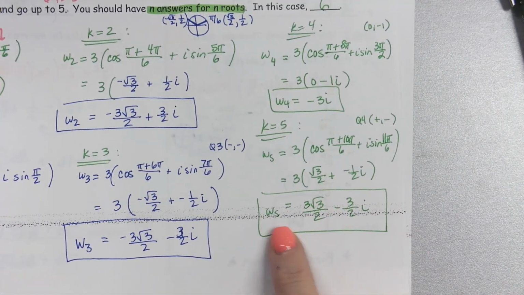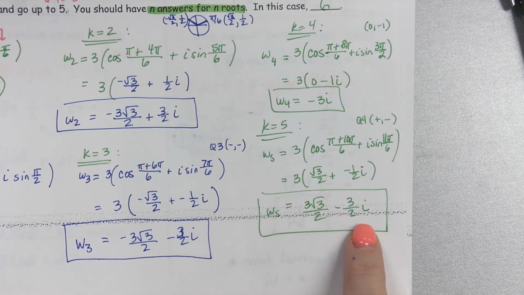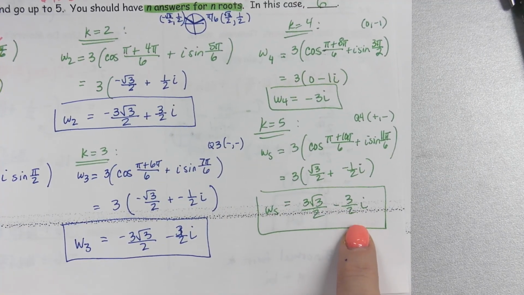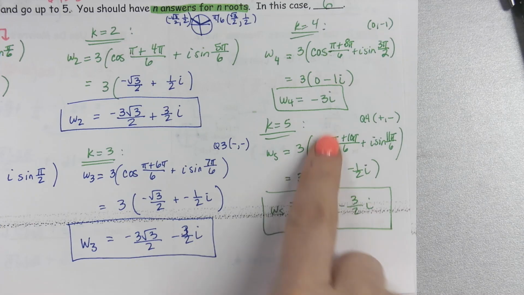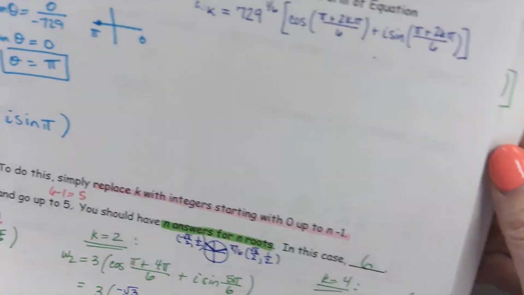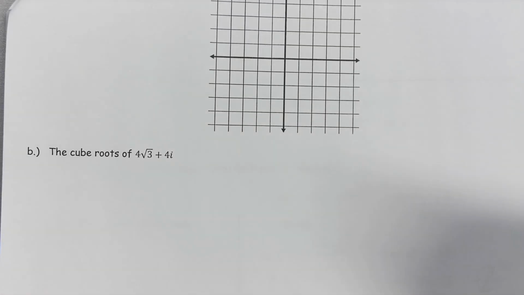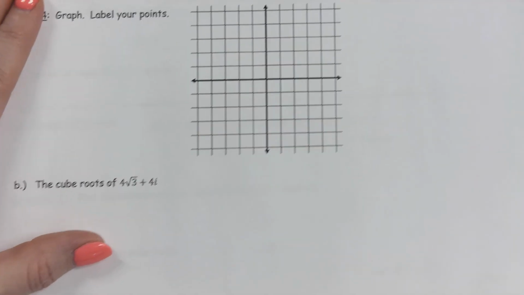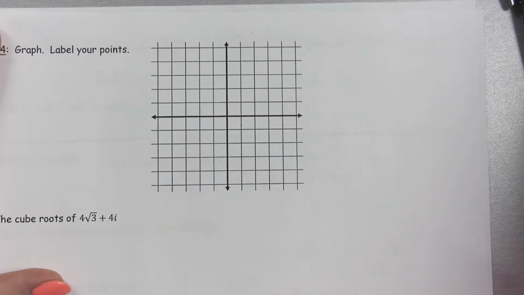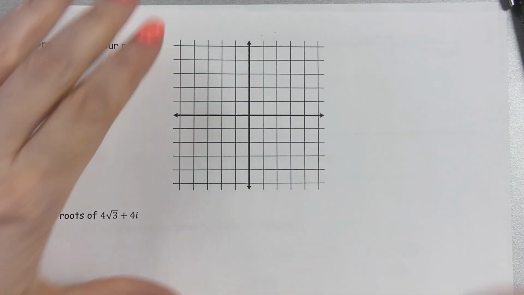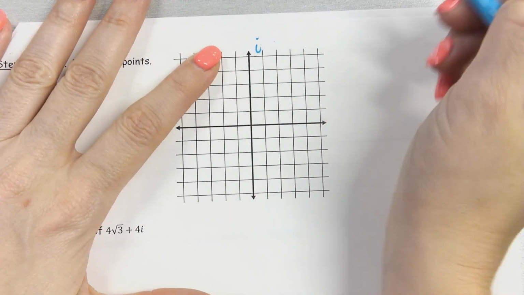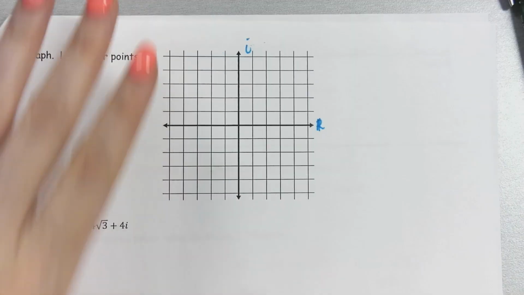Okay, and then W sub 5 is 3 root 3 over 2 minus 3 over 2i. So you should notice a lot of these are going to have the same decimal. And when we graph them, it is a lot easier to graph them by writing them as points. And when you're graphing on the imaginary plane, the y-axis is the i, the x is the real number.